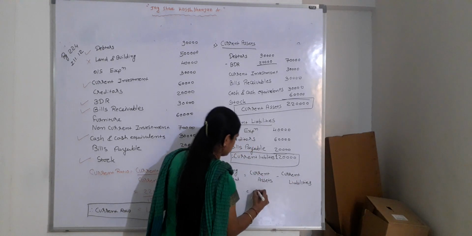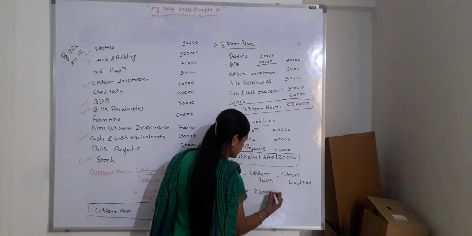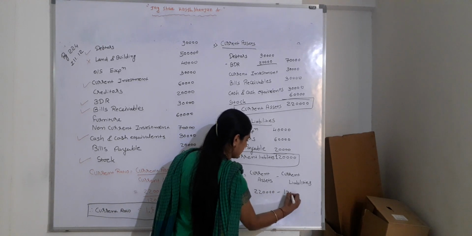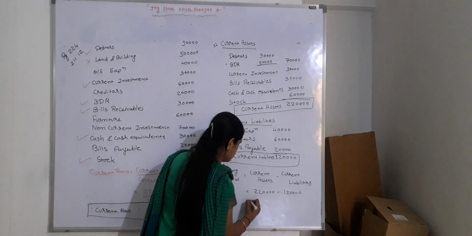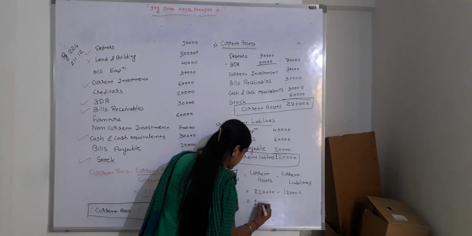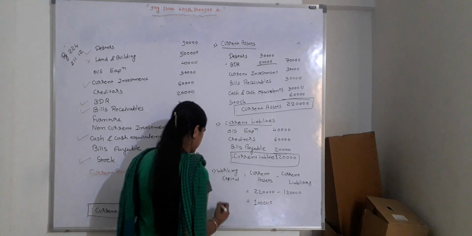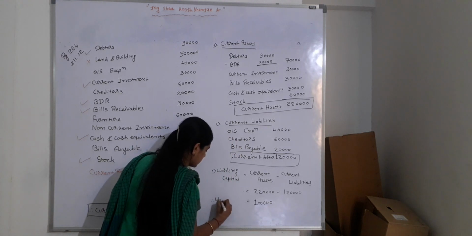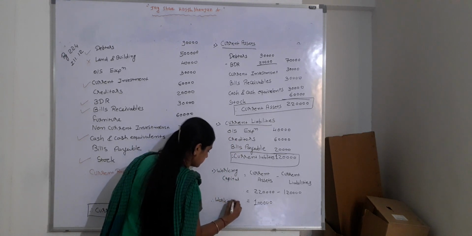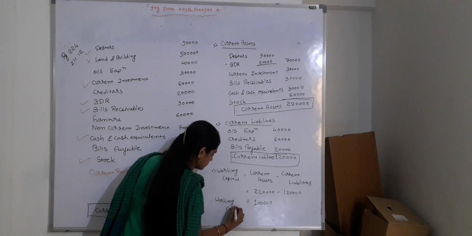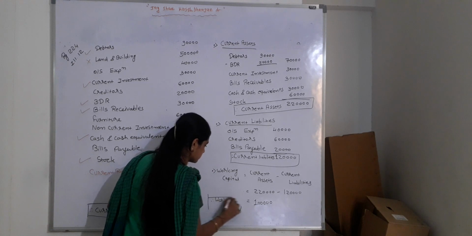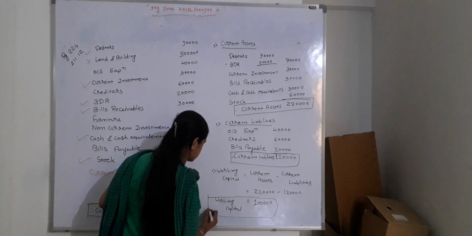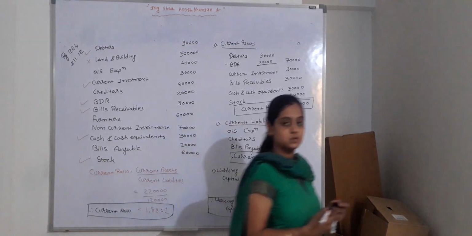So current assets are 2,20,000 minus 1,20,000 are current liabilities. So our working capital is 1 lakh. Therefore, working capital. Write it down.